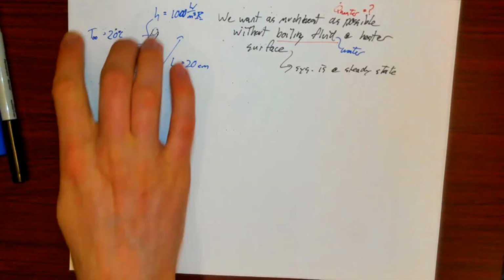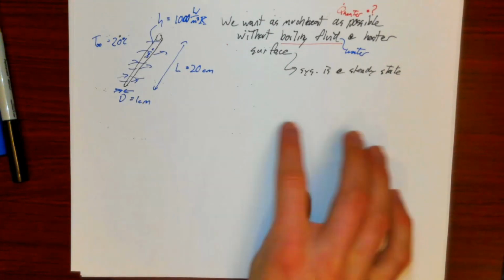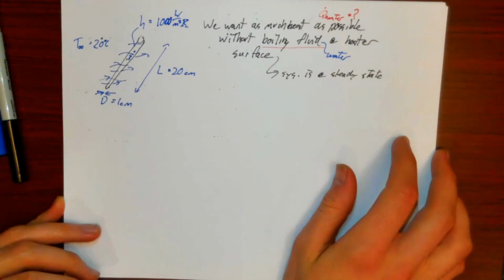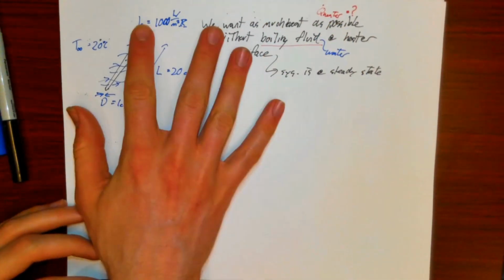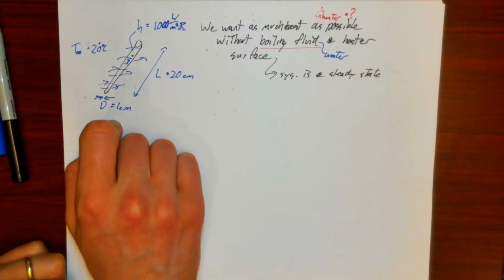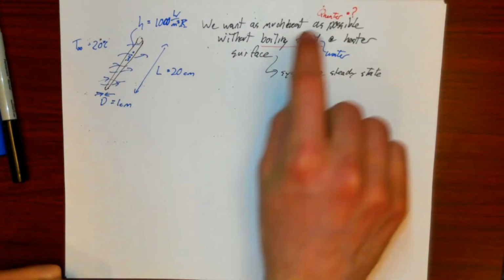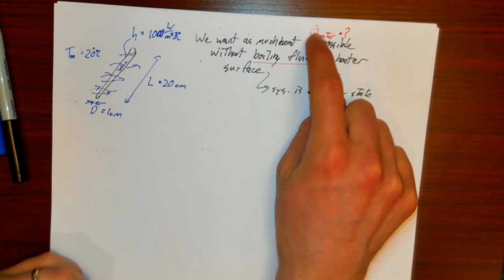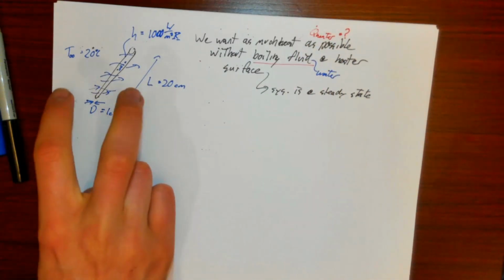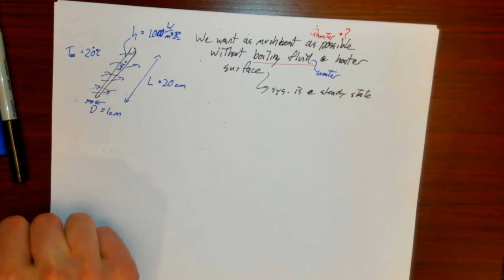So we have some system like this. What might we do? Well, spoiler alert, this is going to be a convection related problem. What does convection help us do? Convection helps us relate things like heat flows to things like differences between surface temperatures and T infinities.